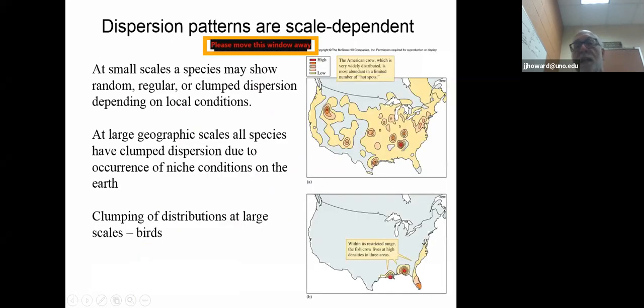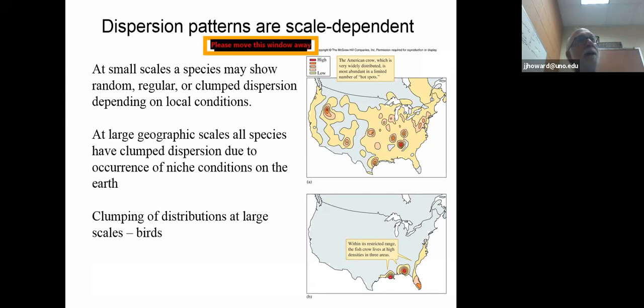Okay, so the important thing to know about dispersion patterns is that they're scale dependent. At small scales, any species may show random, regular, or clumped distributions depending on the local conditions. But at large geographic scales, remember we have the geographic distribution pattern. Well, that's going to be, by definition, a patch on the face of the Earth.